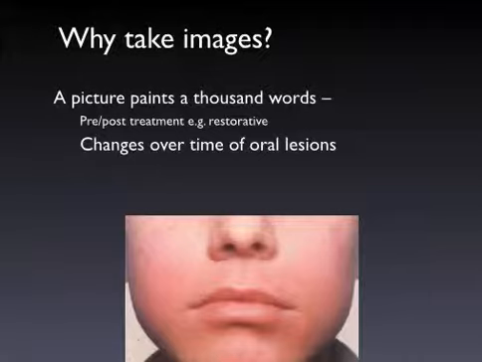Oral pathology, white lesions, red lesions. Clinical photography can help monitor the situation, but also slightly unusual incidences or occurrences. For example, here's a case, and if you look, you can just pick up the subtle erythema around the lips.